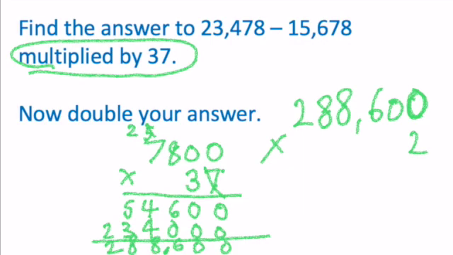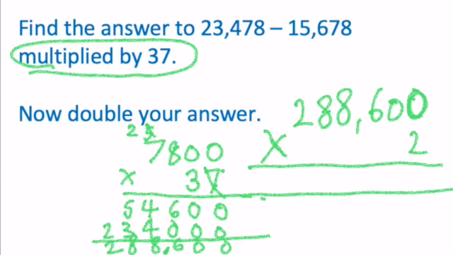All right. 2 times 0 is 0. 2 times 0 is 0. 2 times 6 is 12. Carry the 1. 2 times 8 is 16 plus 1 is 17. 2 times 8 is 16 plus 1 is 17. 2 times 2 is 4 plus 1 is 5. So 577,200.